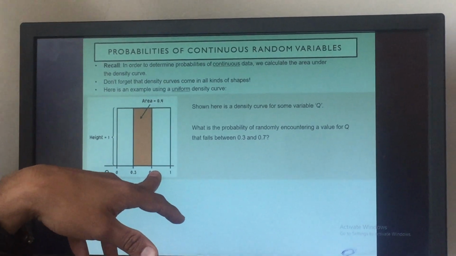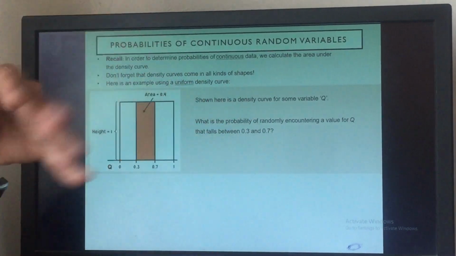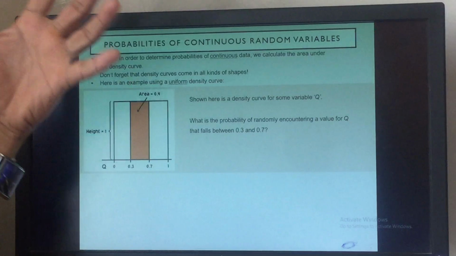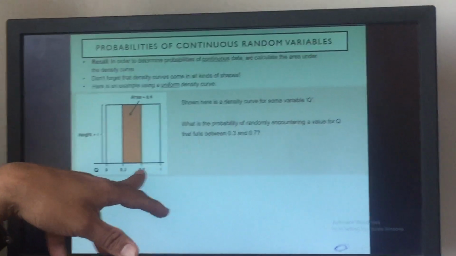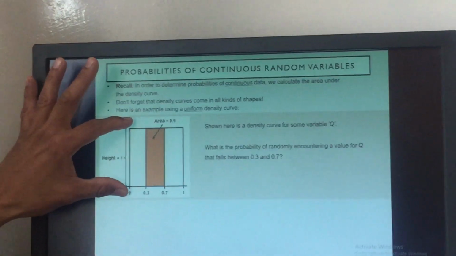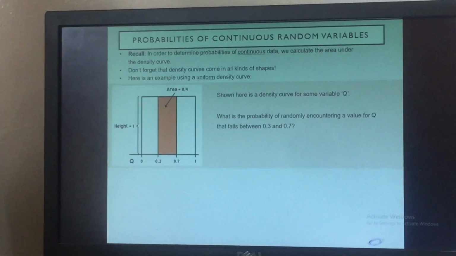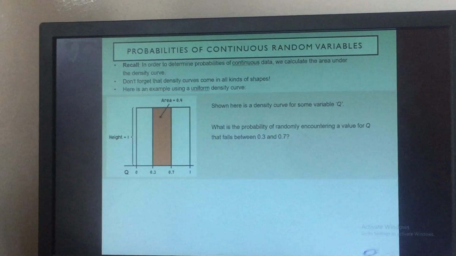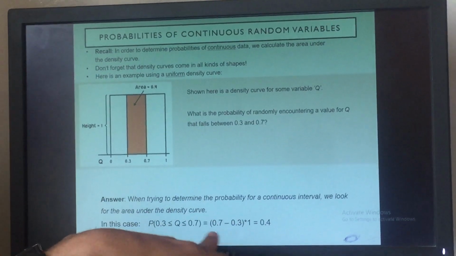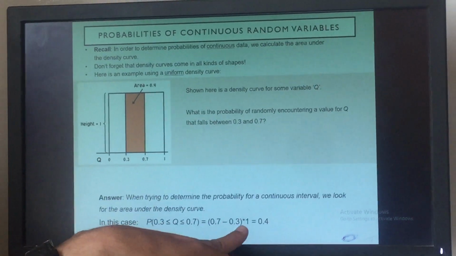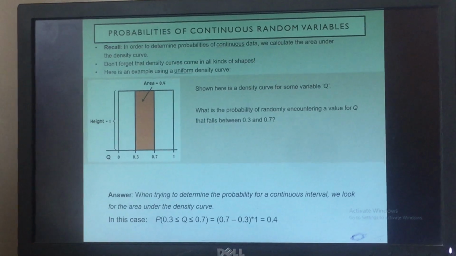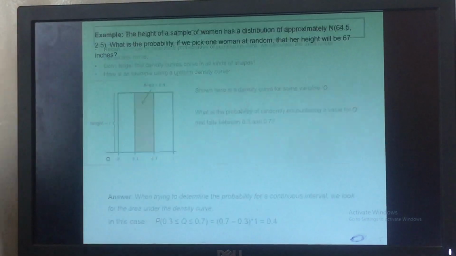Now we are calculating the probability for this continuous random variable, so we find the area. 0.7 minus 0.3 is 0.4. 0.4 times the height becomes the area, which is equal to the probability. So 0.7 minus 0.3, multiplied by 1, is equal to 0.4. This is the area, as well as the probability.